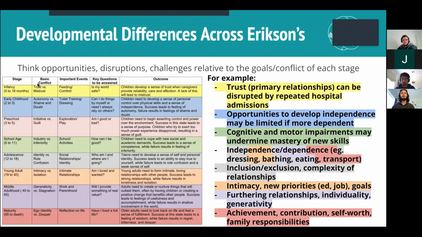So for instance, in trust versus mistrust, that's the formation of primary relationships, right? And so if there are instances where there is not necessarily this formation of these primary relationships, then someone can grow up feeling less trustful because they never really had the opportunity to fully form healthy primary relationships, usually with their caregivers or their parents. And so a lack of this will lead to mistrust.